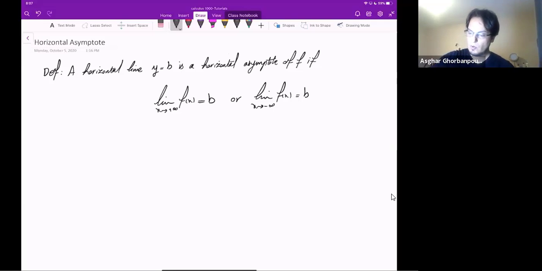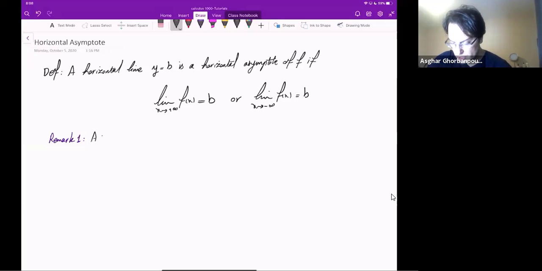Okay, I need to add two remarks here. Remark 1 is that when you're trying to find the limit as x goes to plus infinity or minus infinity, you can at most get two different numbers, one for plus infinity, one for negative infinity.